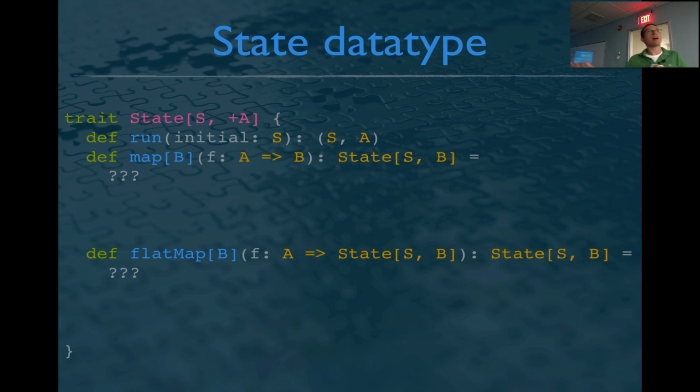One way we could do that is take the function that we're wrapping, which remember has the signature S to (S, A). We could run it with an input state. So if I have an input S, I can run it and get back an (S, A) as a tuple.